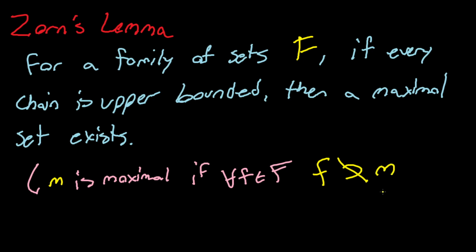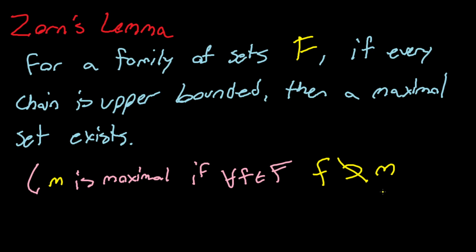So an element that is a maximum would be a superset of everything in the set, of everything in the family. But what we just want is that there's nothing larger, right? That there isn't an element larger than this.